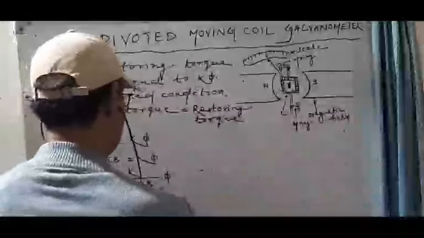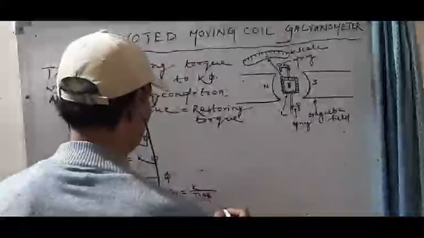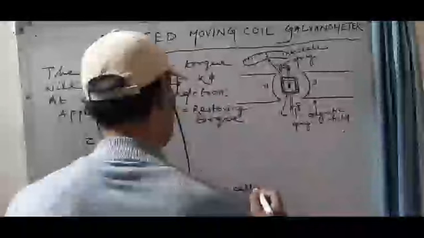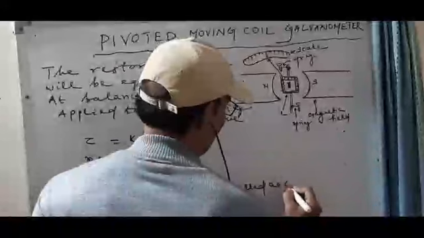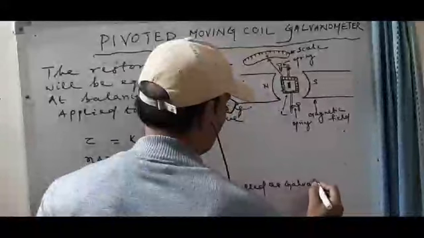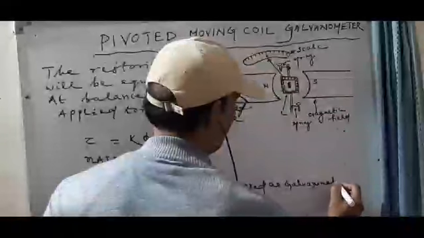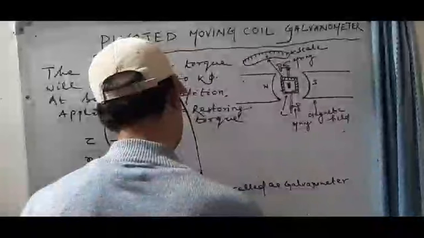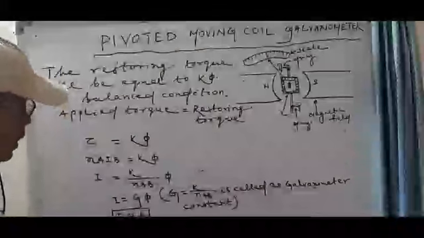So here G is equal to K upon NAB, and it is called the galvanometer constant.